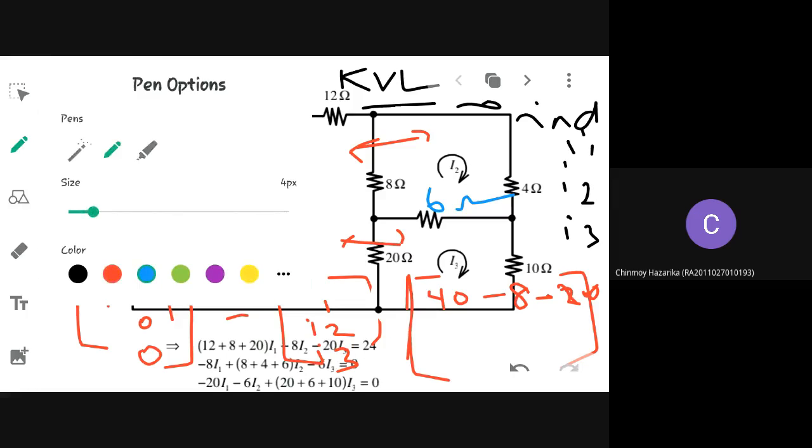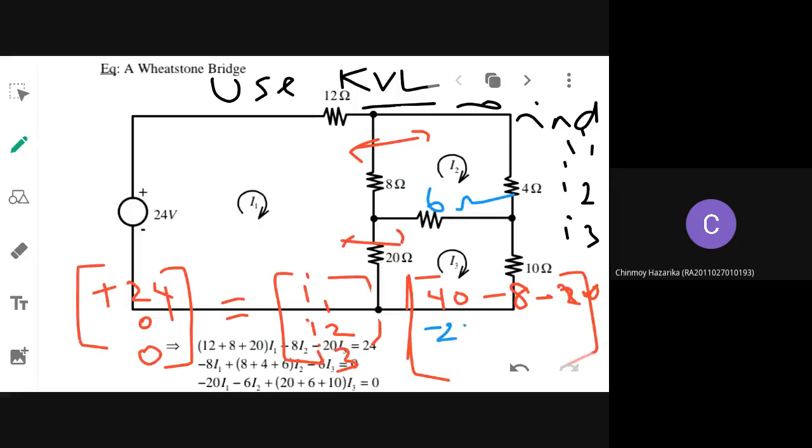R21 is minus 20. R22 is 8, 4, and 6, so 18. Then R23 is minus 6. Okay.